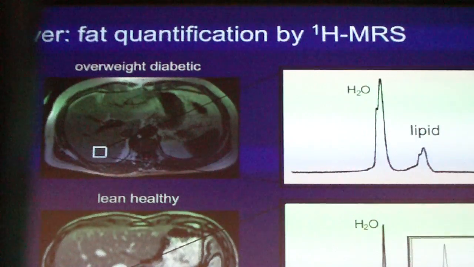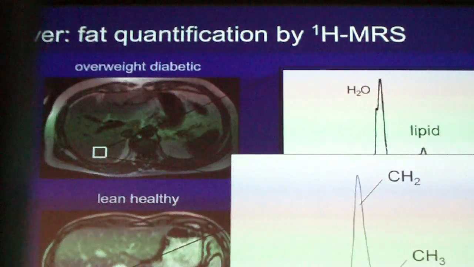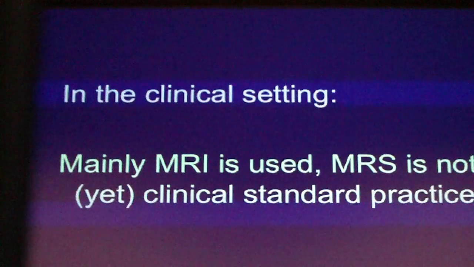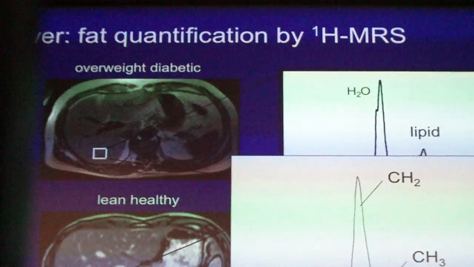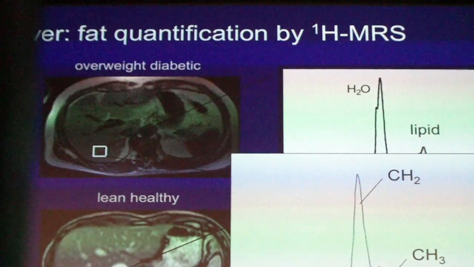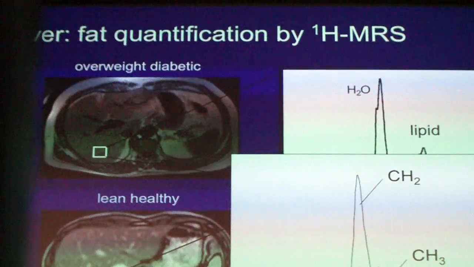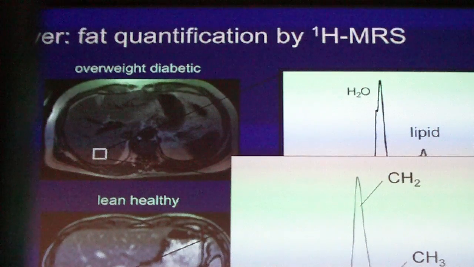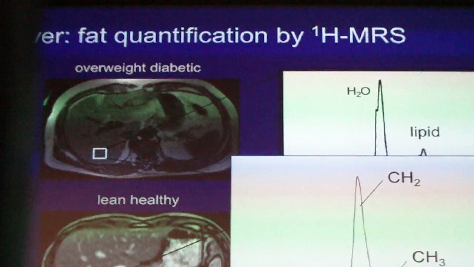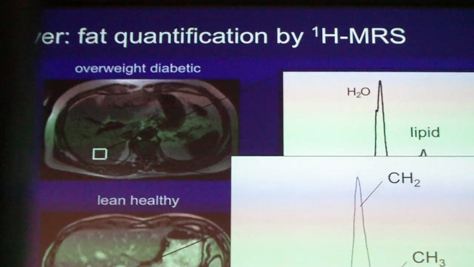So this is also a clinical example of how it could be used. But liver steatosis is normally still detected with echo, although the sensitivity is much lower. So magnetic resonance spectroscopy is much more sensitive, but it's not used in clinical practice yet. It's also quite an expensive measurement.